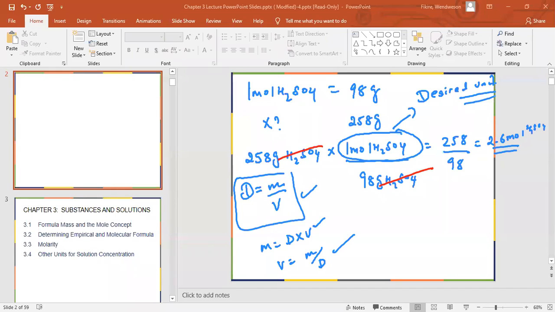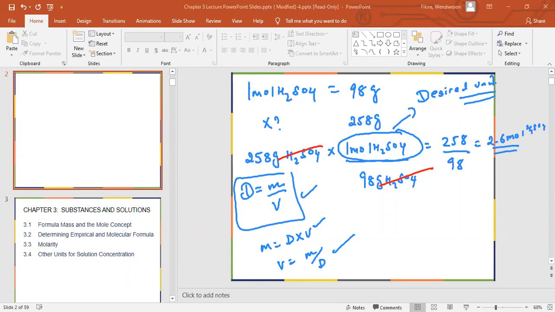A good practice is to always have a piece of paper next to you and write down what is given, what you have. That's important. Write those down, and from that base you can move forward. On the left side, you have the given value.